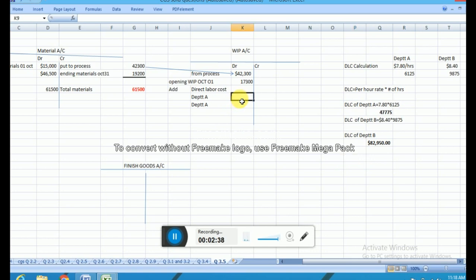So now we will put here the direct labor cost. In department A it is 47,775 and in department B the direct labor cost is 82,950. Okay, in the work in process we will also add now the factory overhead cost.